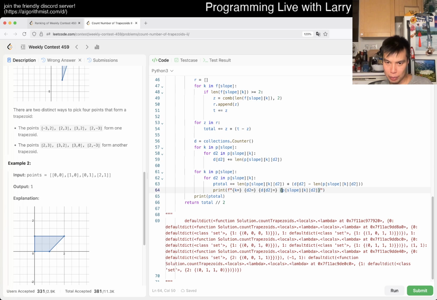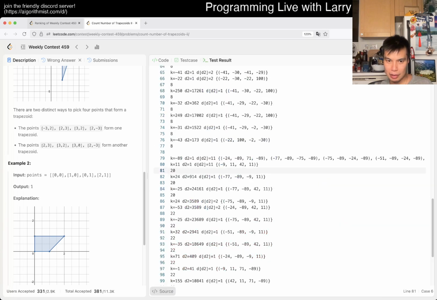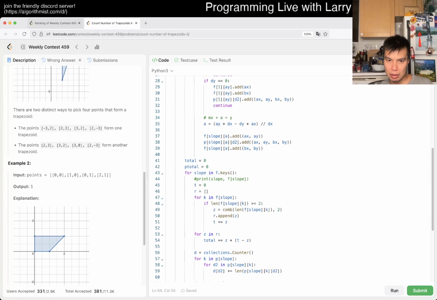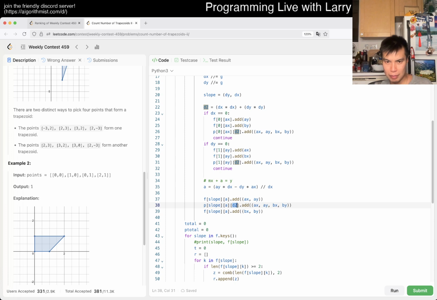P slope is right. Is slope right? Slope should be right. K is the intercept. Okay. K is the intercept. Okay. D2 is 1. Why is D2 1? Tell me why. Huh?